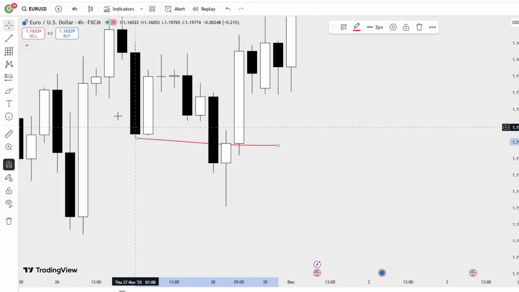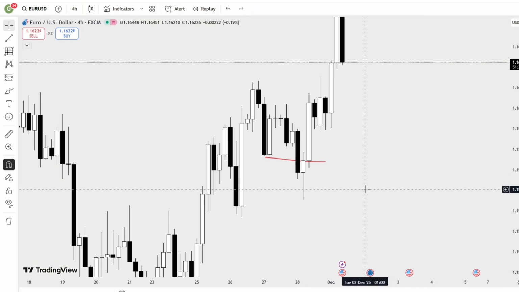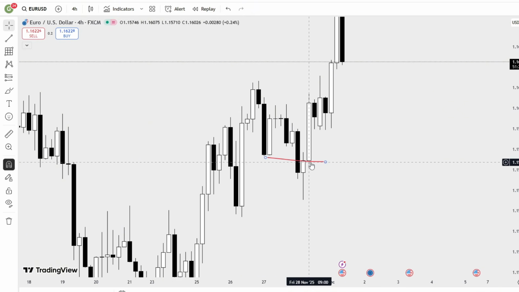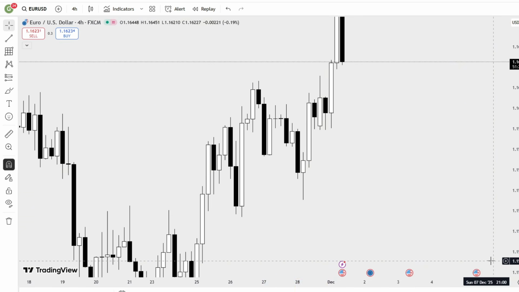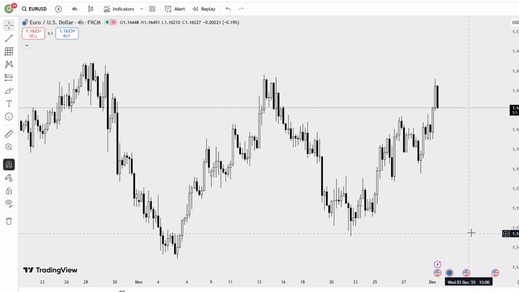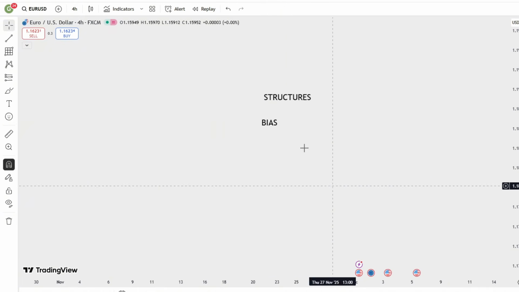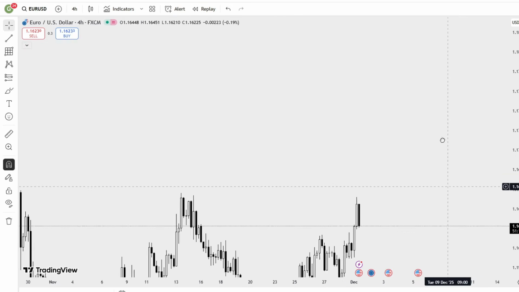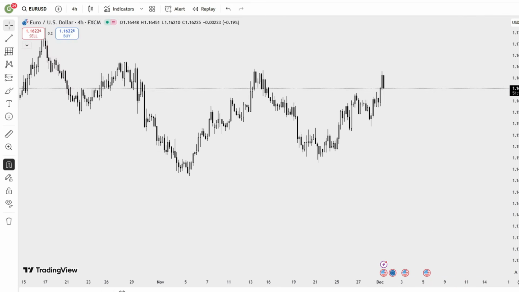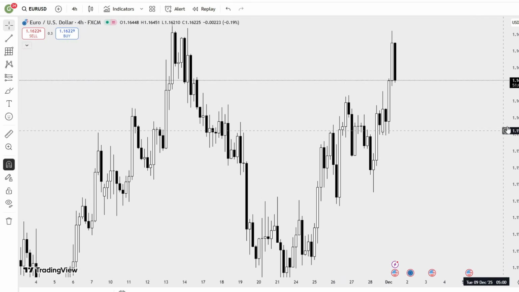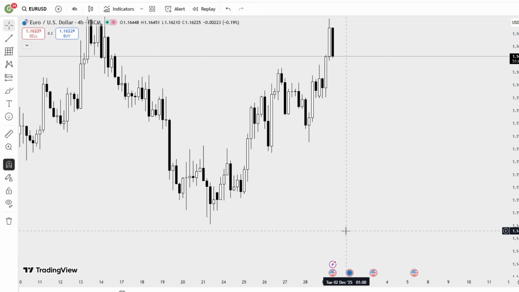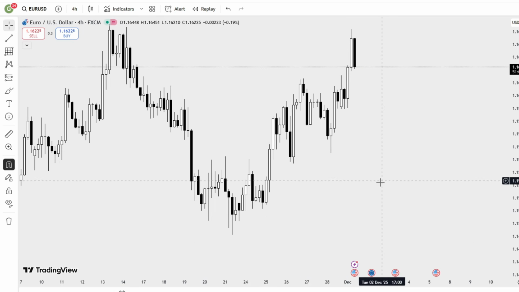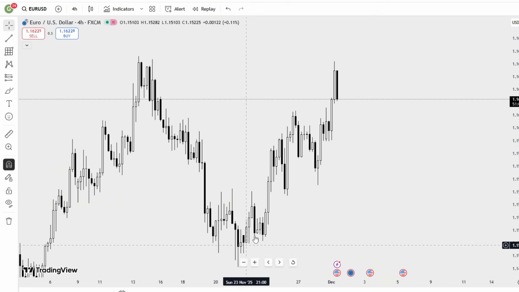You begin to see the market just move from one sweep of liquidity to another, and that's exactly where we're going to find your bias, right? Because besides all that you already know, looking at this chart, this is the euro chart today, right? We are currently in an uptrend.